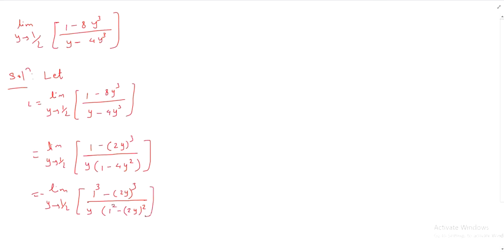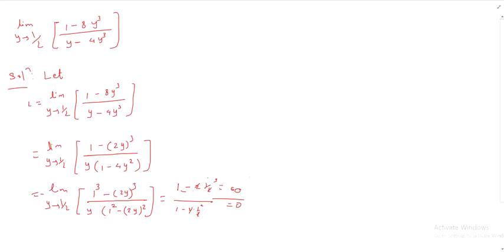Okay, bracket complete. Now here if you look at this term, if we substitute the value of y as half, then 2 gets cancelled, 1 cube minus 1, that is it becomes 0, and for the denominator also 1 minus 2 into half, again 1 minus 1, and 1 square, that is again it becomes 0. So this is of the form 0 by 0.